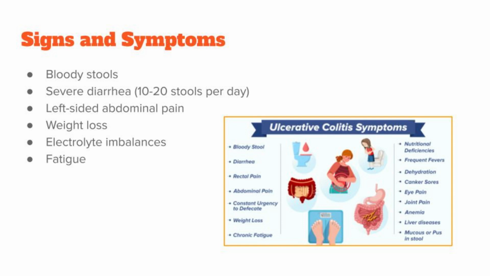And the pain that they would feel is left-sided abdominal pain, and that's because ulcerative colitis mainly affects the colon. And an important thing to look out for in these types of patients are electrolyte imbalances and weight loss, and that's because of the severe diarrhea, and they'll just be excreting out most of their fluid and electrolytes, causing many other disorders if they aren't getting proper fluids.